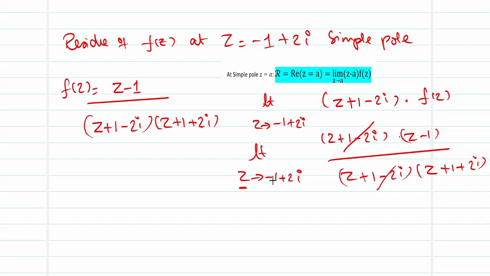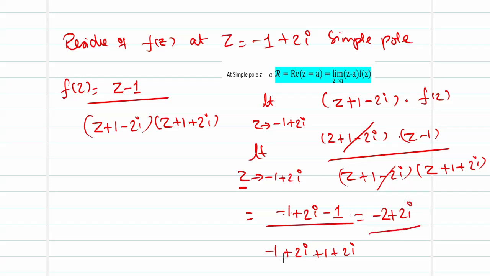Now fix your z at minus 1 plus 2i in all the positions. This gives us minus 1 plus 2i, there is a minus 1 over here, and the denominator is minus 1 plus 2i plus 1 plus 2i. So this makes it minus 2 plus 2i, divided by minus 1 plus 1 cancels off, 2i plus 2i makes it 4i.